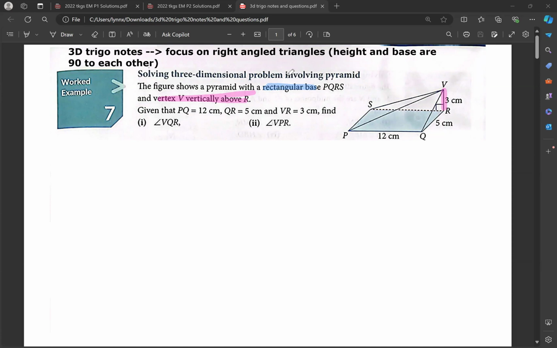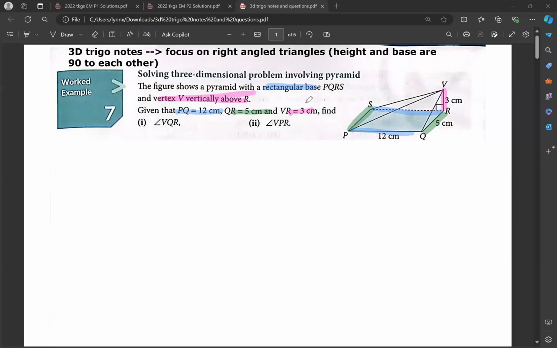This is a rectangular base. So if PQ is 12, I can clearly say that SR is also 12. And then they say that QR is 5. That means that SP will also be 5. And then VR is 3, the one in pink. So I give you guys some time to color code all this first before we begin.